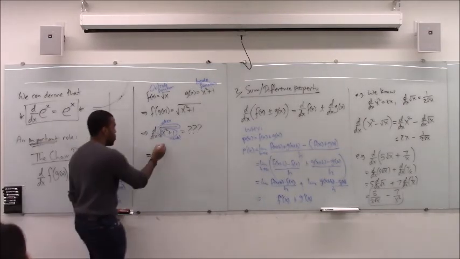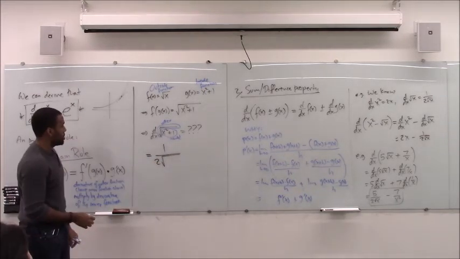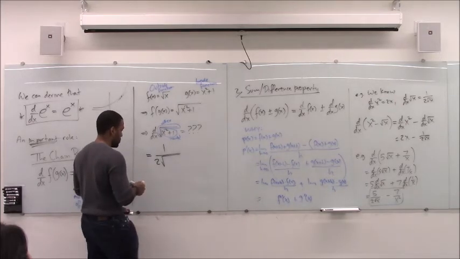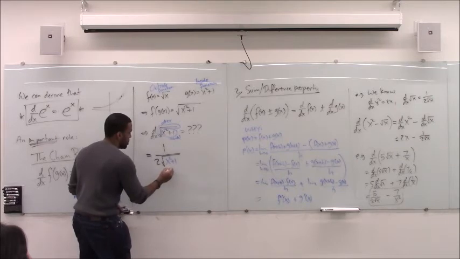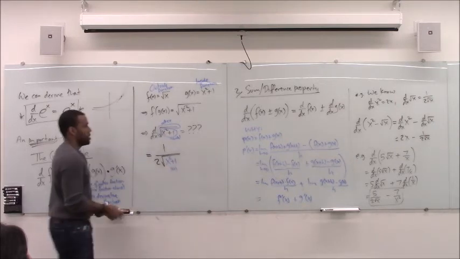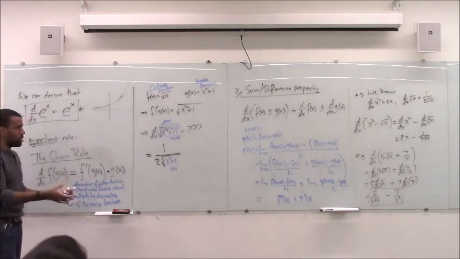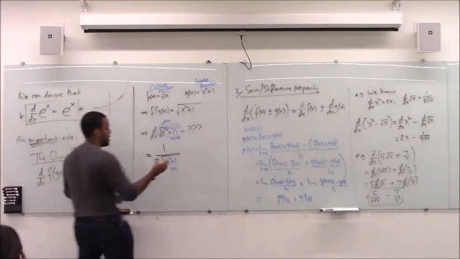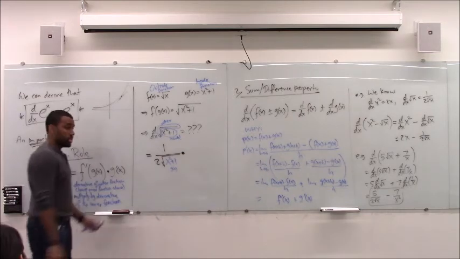Well, it becomes 1 over 2 times the square root of the thing, right? And what's the thing in this case? Well, it's the x squared plus 1. Right? So this is your g of x, right? So I differentiate around it, but I don't touch it, not yet, right? So I differentiate around it, leaving the inside, but then I multiply by the derivative of the inside.